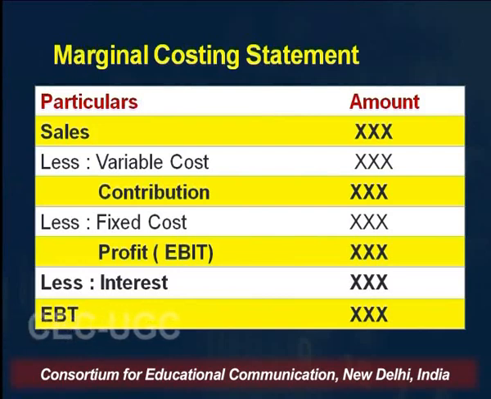So after deducting fixed cost from contribution, the remaining value is known as profit. And if there is some interest, we deduct interest out of it, and then the value becomes EBT. But as far as marginal costing is concerned, the relevant value for us is profit, that is contribution minus fixed cost. So with this, I hope you must have understood the basics of marginal costing.